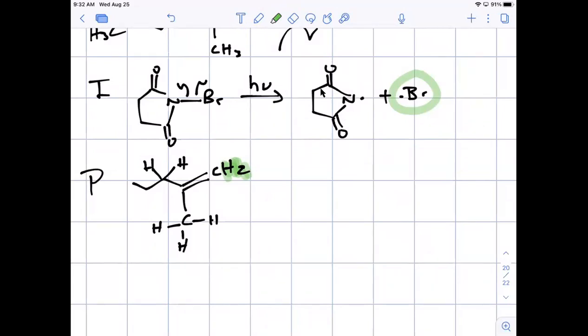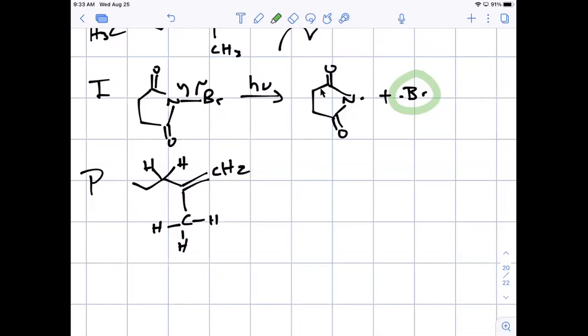But the allylic hydrogens are somewhere in the range of 350 or something like that. So about 100 kilojoules per mole lower in energy. So they're easier to remove, and the reason is because when you pull them off, you can stabilize the intermediate that you get.